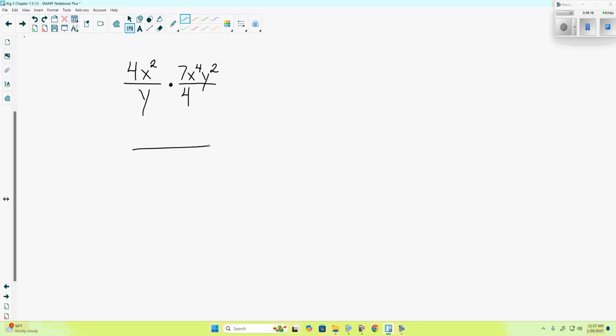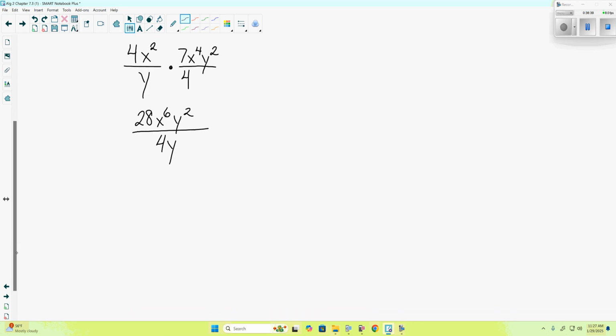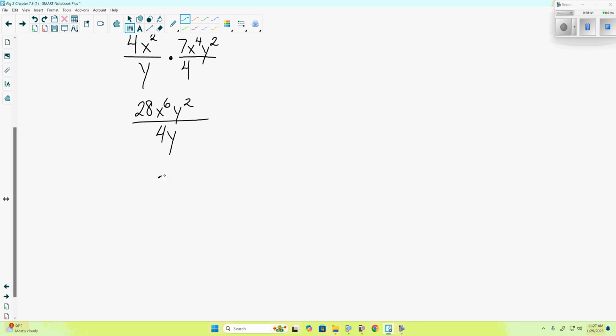Now we can do the exact same process we just did. 4 times 7 is 28. x squared times x to the fourth. 2 plus 4 is 6. y squared. On bottom we have 4 times y, which is 4y. 28 over 4 is going to reduce to 7 over 1.